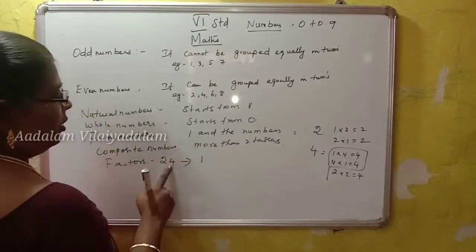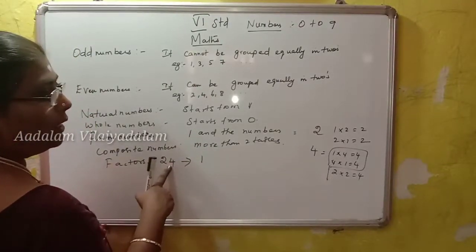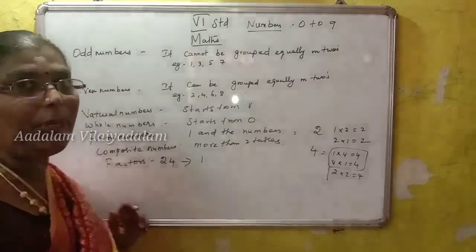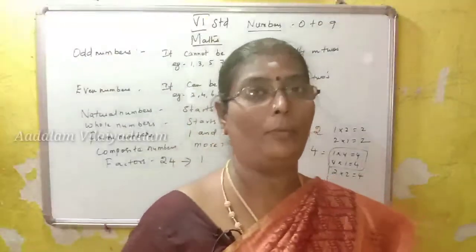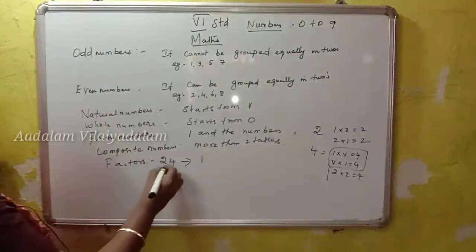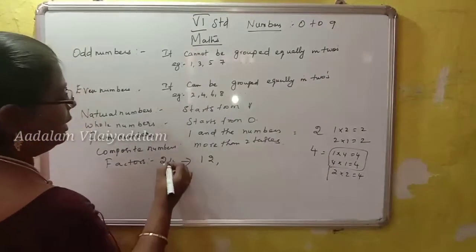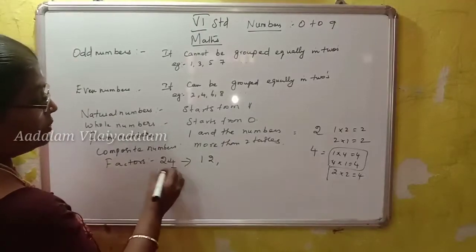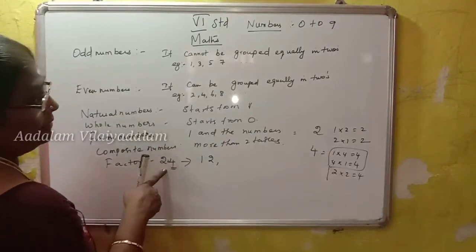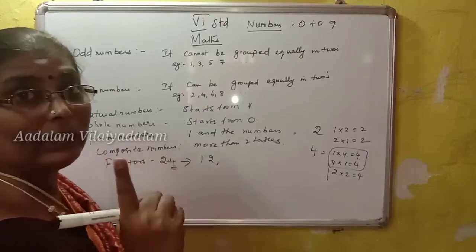It comes in the 1 table. Since the last digit is 4, you know the divisibility rule. In the next video I'll put the divisibility rule. So since the last digit is 4, it comes in the 2 table. And if you add these two numbers, you will be getting 6. 6 will come in the 3 table, right?